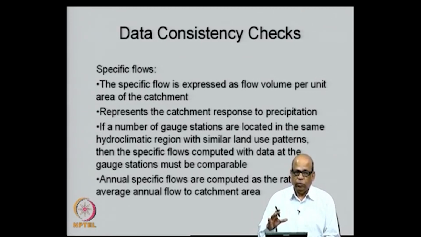Typically, we do this specific flow computation either at annual scale or maybe at seasonal scale, typically for monsoon season, and non-monsoon season may not be important for many of the streams in our country. So, at the annual scale as well as at the monsoon scale, we may do this specific flow analysis and then look at the consistency.